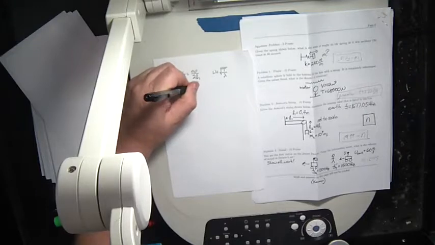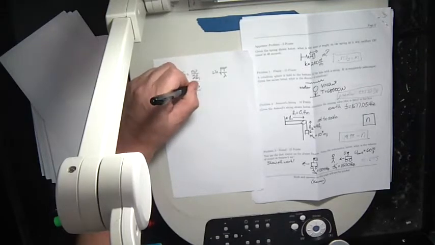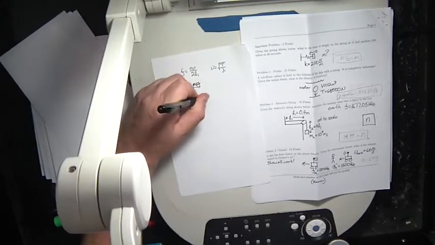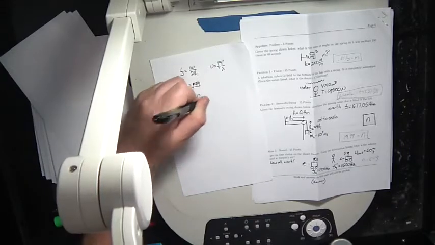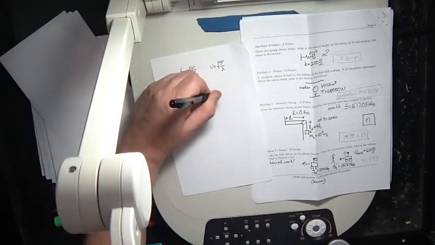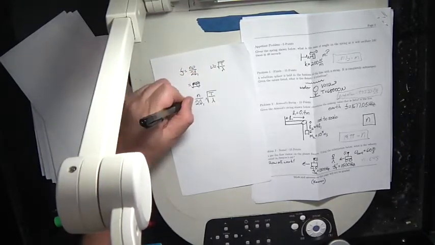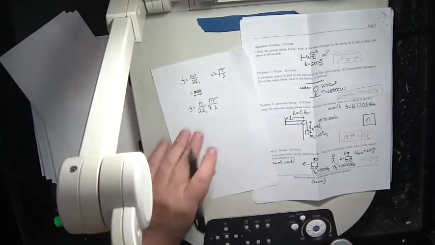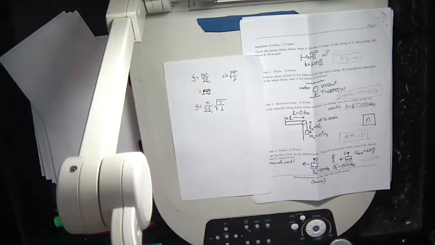So this becomes N over 2L1 times the square root of tension over lambda. The tension is provided by the hanging mass. The lambda is the mass of the string divided by the total length.